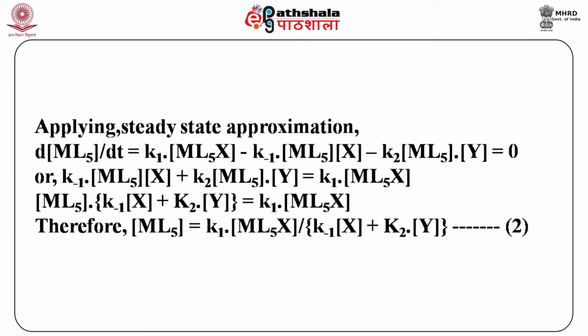As a result, if we move the ML5 terms to one side, the equation would be k-1 into [ML5] into [X] plus k2 into [ML5] into [Y] is equal to k1 into [ML5X].